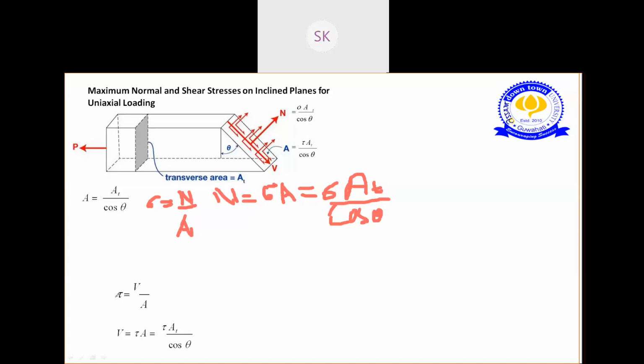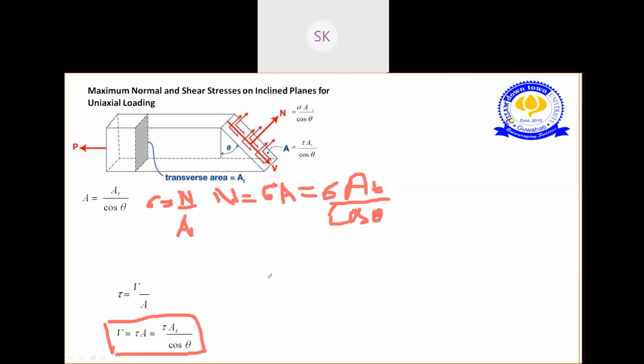Similarly, we can find the shear force also. We know shear stress is equal to shear force per unit area, or we can write V equals tau into A. Instead of A, we can write AT by cos theta. So we got V equals tau AT by cos theta.